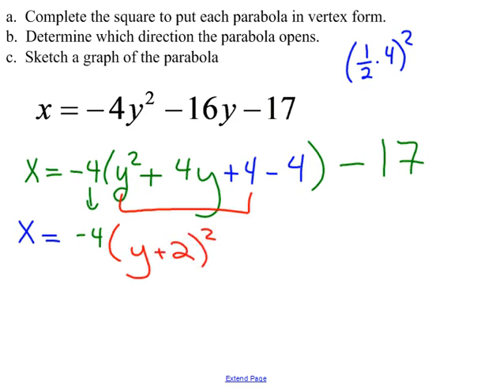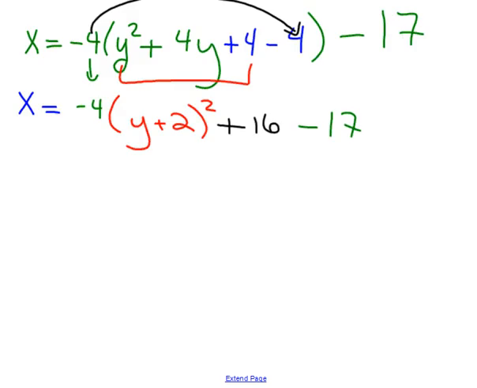All right, and then we have to make sure we distribute that -4 to that other -4, and so now that leaves me with +16. And my very last step is to combine my like terms, and so I end up with x equals -4 parentheses (y + 2) quantity squared minus 1.